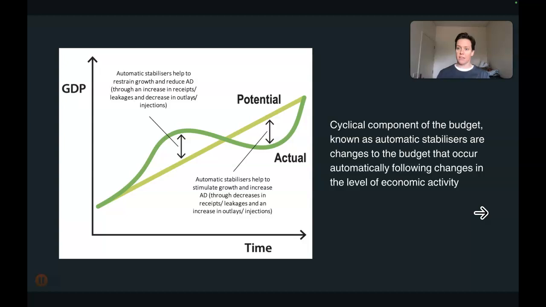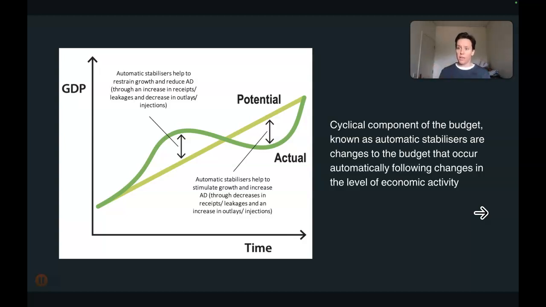It's exactly what it sounds like, automatic stabiliser. It automatically stabilises the economy irrespective of any type of government intervention. So the government doesn't need to necessarily do anything. It already has the policies in place such that the economy is automatically going to make changes that manipulate the injections and the leakages in and out of the economy.